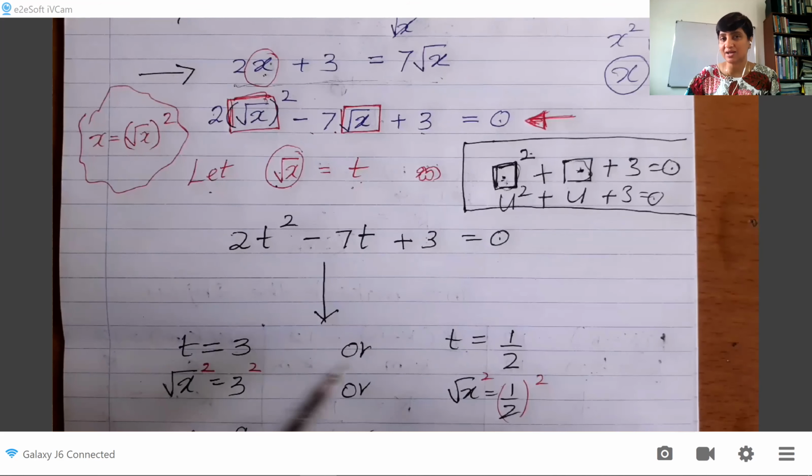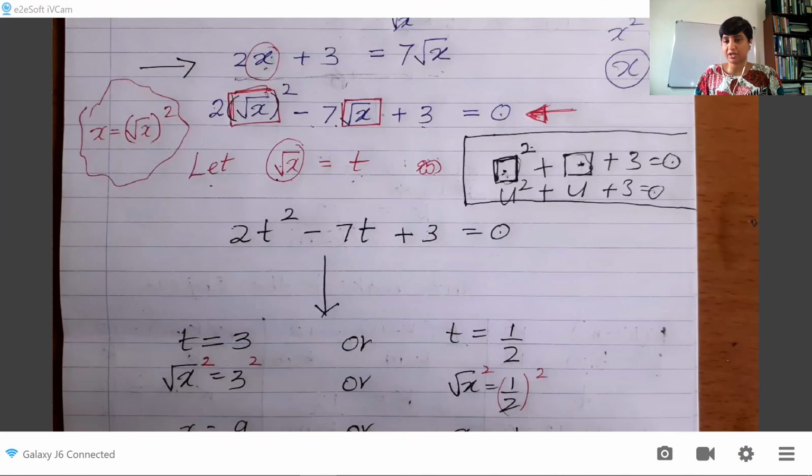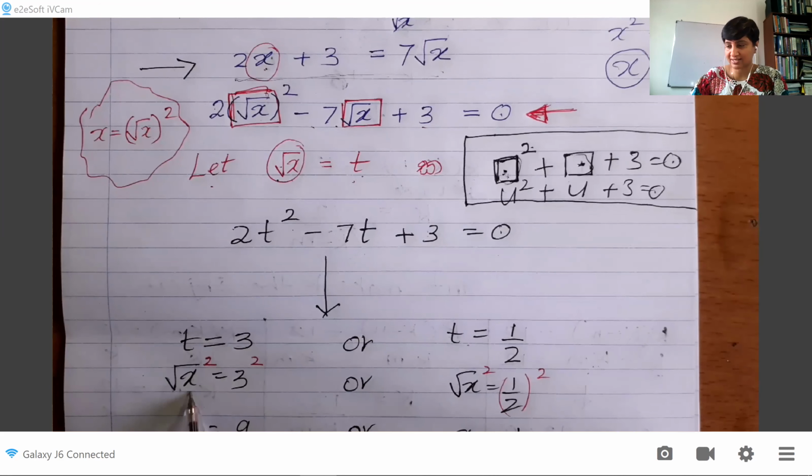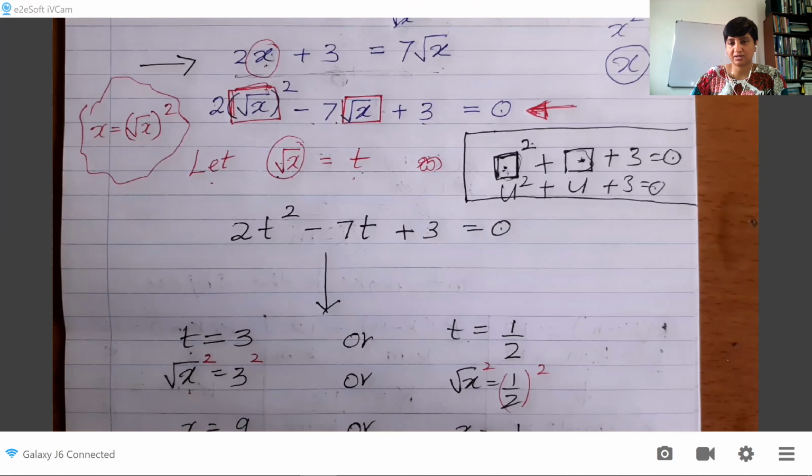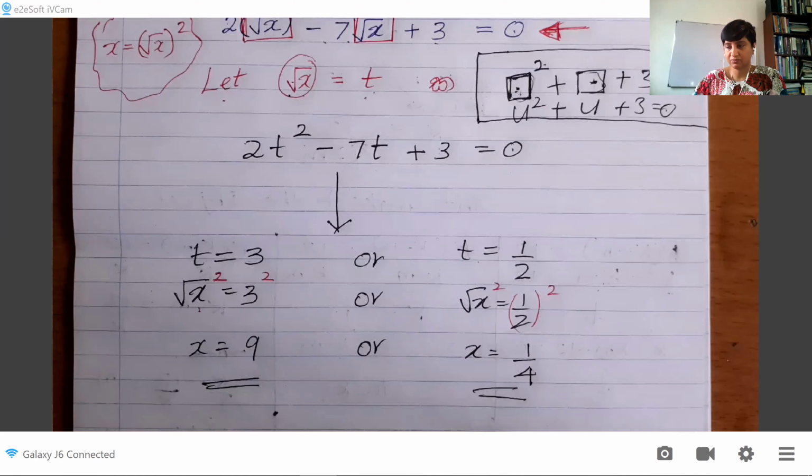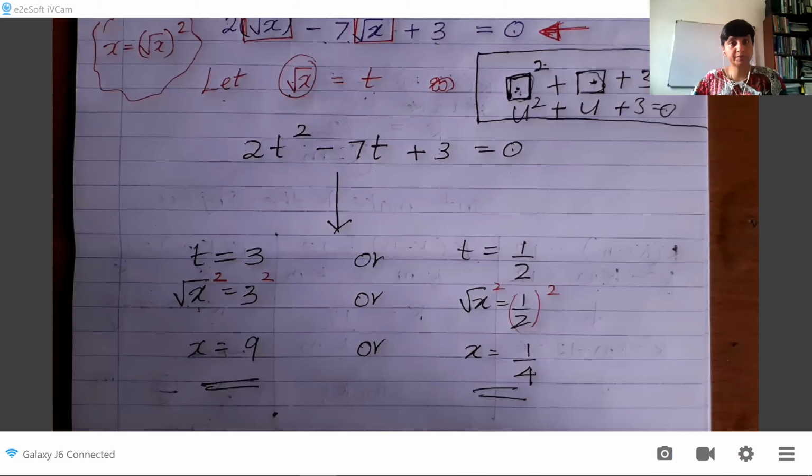Once you get the 2 answers for your t, which is something that you took, it wasn't there in the original equation, then you replace it back with what the equation had, which is root x. And you solve for that x. And you get your answers for what you had in the original equation, which was x. Clear, Afra?